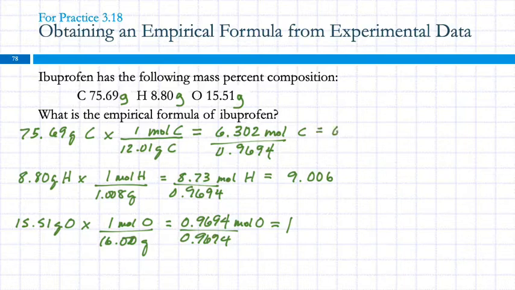This is going to give me 6.501. And I guess technically this should only have 3 sig figs, so we'll fix that if we want to.